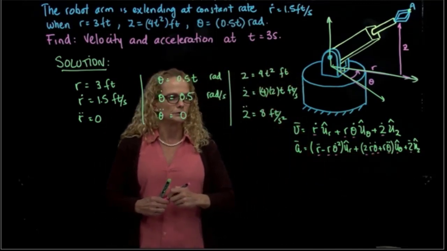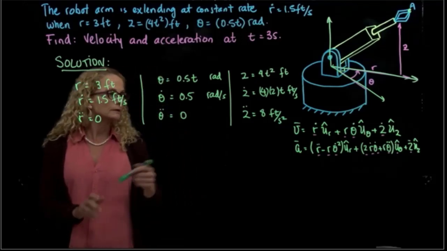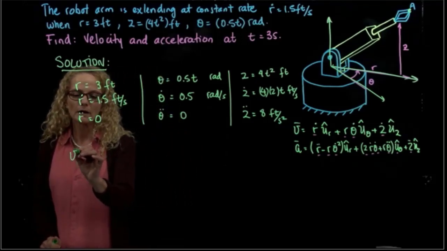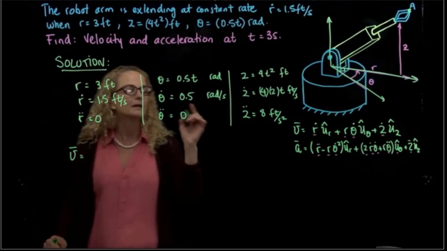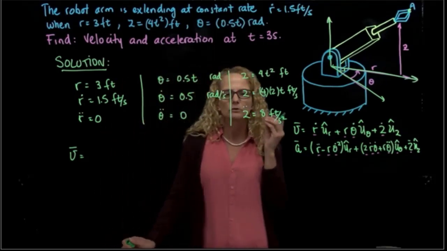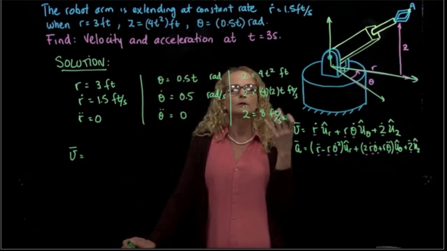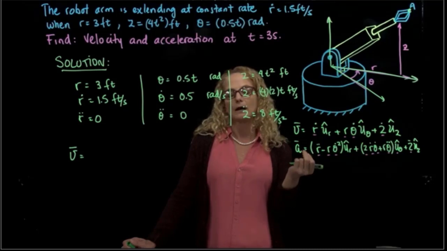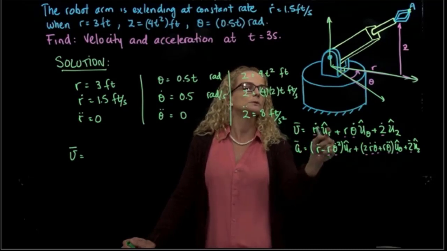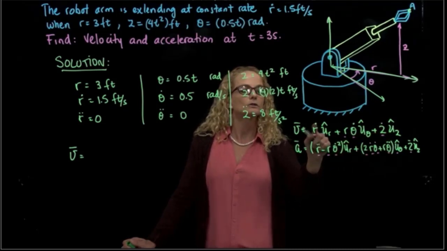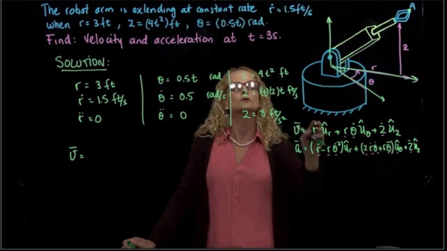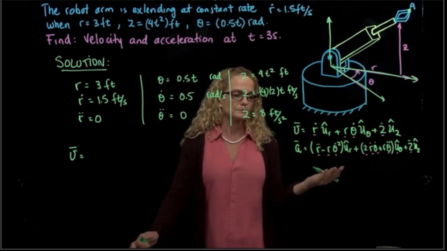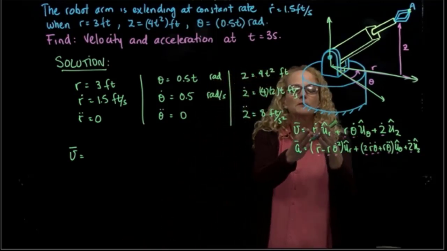Now we can substitute our values into our equations. To get the velocity, we substitute, and this is a vector. Be careful, I really want to make sure we understand the difference between a vector and a scalar. Those are vector expressions because we have 3 components, and those are scalar expressions because they are already given for a specific direction.